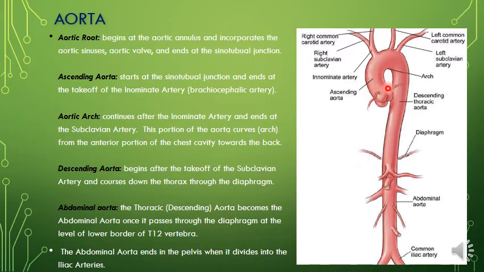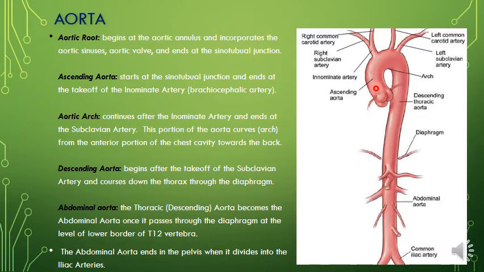Up to this level, this portion is called the aortic root. These bulges you are seeing are called the aortic sinuses. As you are all aware, there is an anterior aortic sinus and two posterior aortic sinuses, right posterior and left posterior aortic sinus. So this is the root of the aorta.